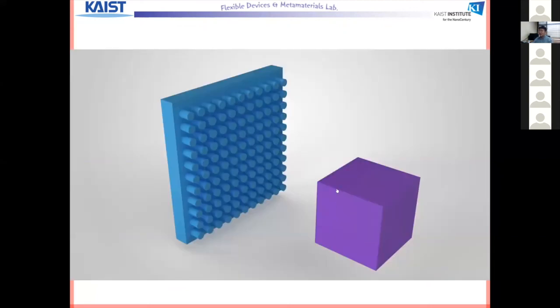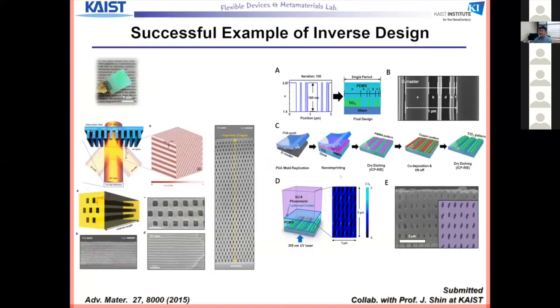And then this is the movie, but because of the time constraint, I'll just skip it. This is one example that we recently submitted to Professor Jong-Ah Shin. This is the example where we can make a certain 3D structure, but the symmetry of the array is almost impossible to make straight.